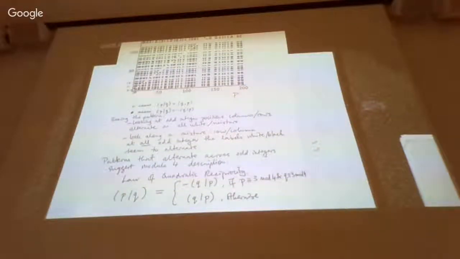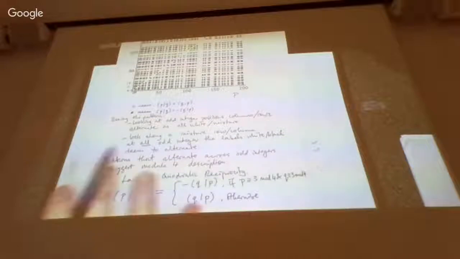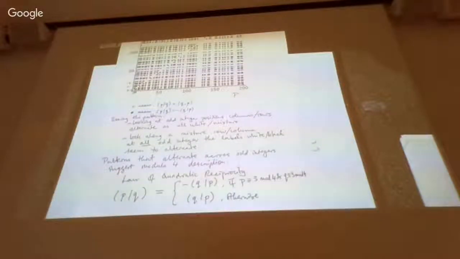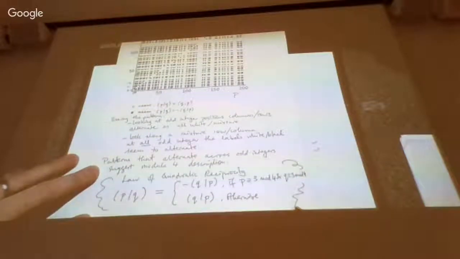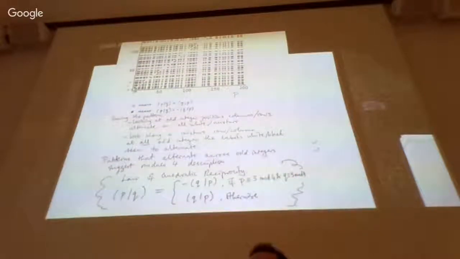So at all other locations, if at least one of p and q is not congruent to 3 mod 4, then they have equal status. Remember, every odd prime is either congruent to 1 or 3 mod 4. Primes can't be congruent to 0 or 2, except for the first prime, 2, but that isn't in this picture. Okay, so this is the law of quadratic reciprocity.